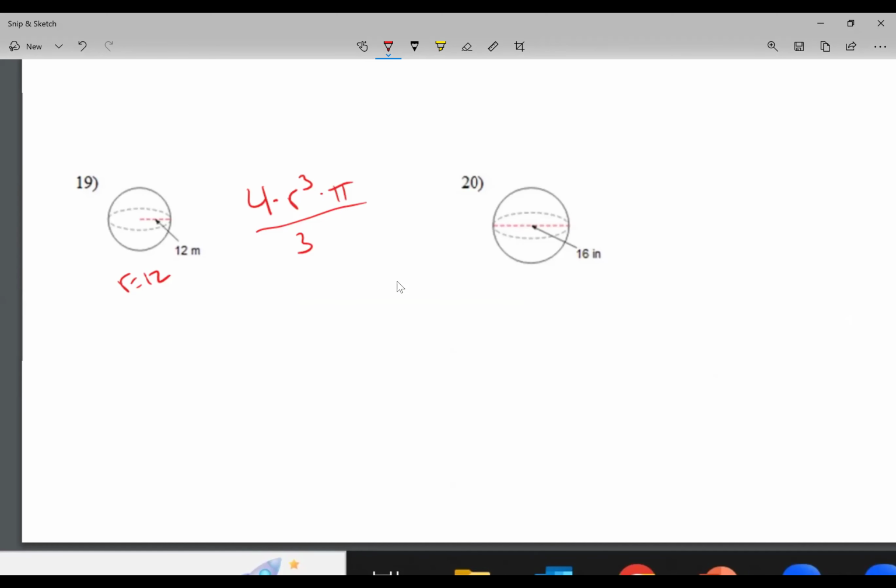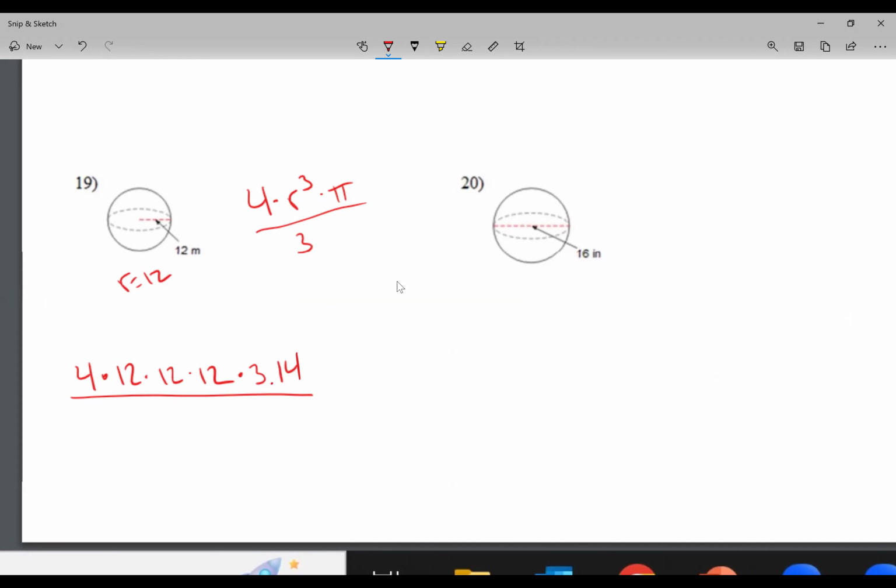So when I grab my calculator, I'm going to write a big fraction. I'm going to go 4 because I start with 4. Now the radius is 12, right? So I'm going to go 4 times 12 times 12 times 12. Notice I did 12 3 times. And then times pi. But my instructions say use 3.14 for pi.